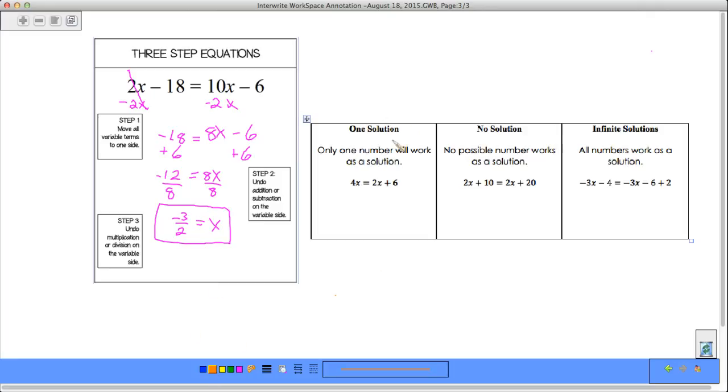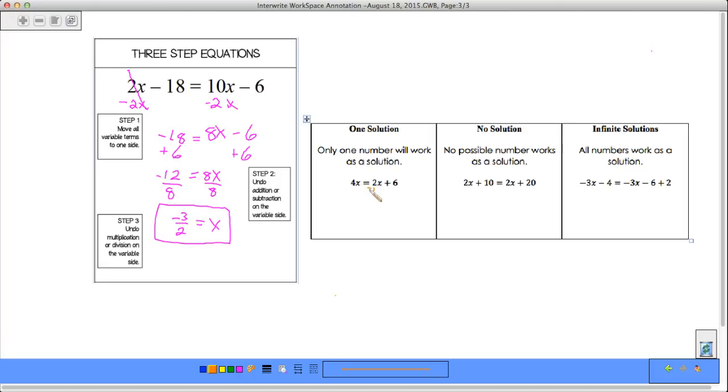Now, the ones that we've been working on so far have had one solution, one number that you can plug in for x to make the left side equal the right, like this one right here. So let's do one more example like that. Here I have a 4x and a 2x. I'm going to move the 2x, one, because it's smaller, also because there's nothing else over here, so getting the x's on this side will make our job easier.